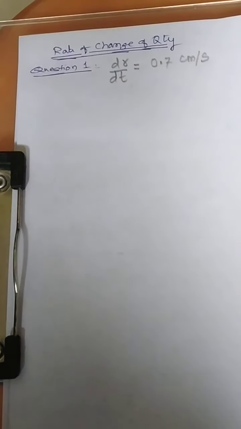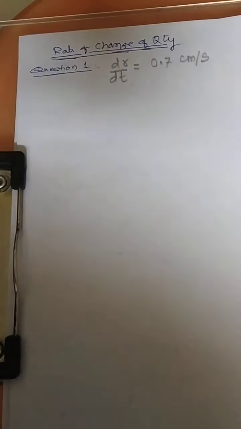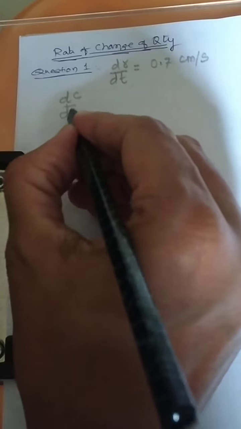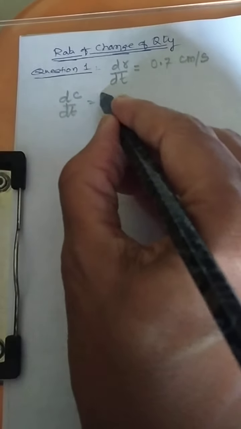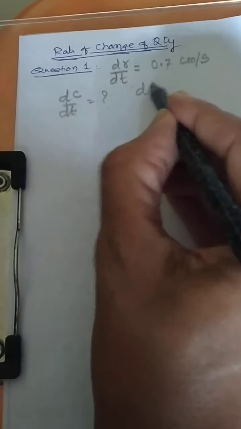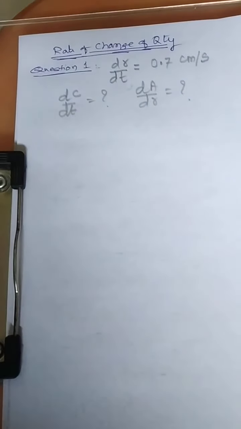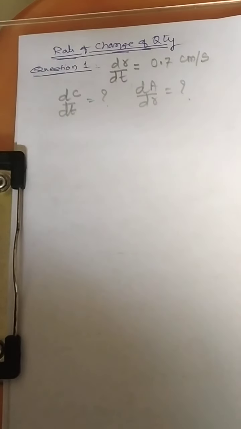Then there are two questions possible. One can ask you what is the rate of change of the circumference, and one can ask you what is the rate of change of the area. What is the exact meaning of that? Suppose you throw a pebble in still water, the ripples will come.